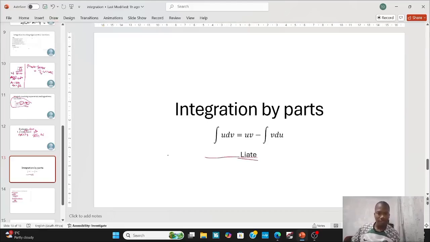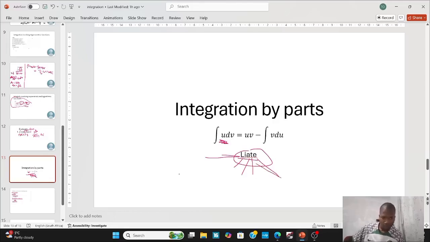LIATE means that if ever you are dealing with problems, the first thing that you have to let be equal to u, you have to follow it in this LIATE manner, which is logs, inverse trigonometric functions, algebraic functions, trigonometric functions, and exponential functions, right?